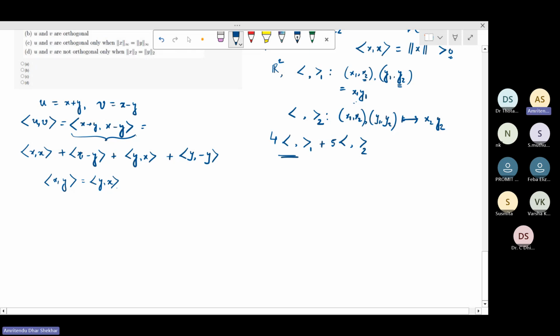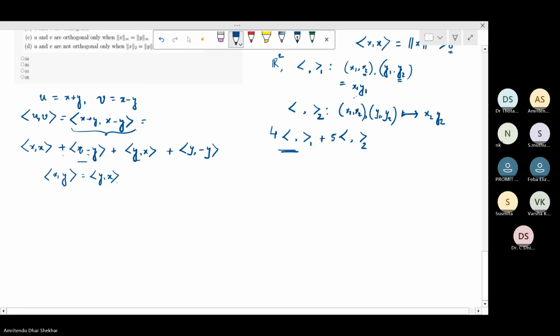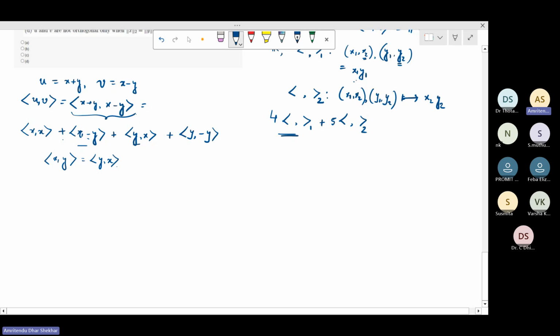Okay. So there's a minus term over here which pops out, and these two terms get cancelled. And it turns out this is equal to x comma x minus y comma y, which is equal to norm of x squared minus norm of y squared.